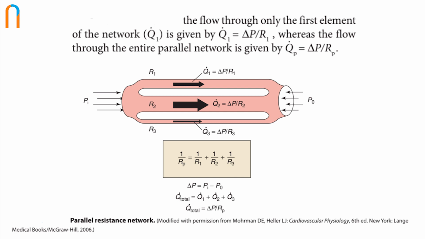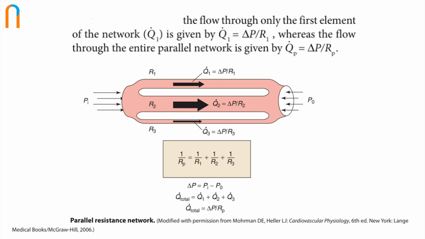In general, the more parallel elements that occur in the network, the lower the overall resistance of the network. Thus, for example, a capillary bed that consists of many individual capillary vessels in parallel can have a very low overall resistance to flow even though the resistance of a single capillary is relatively high.